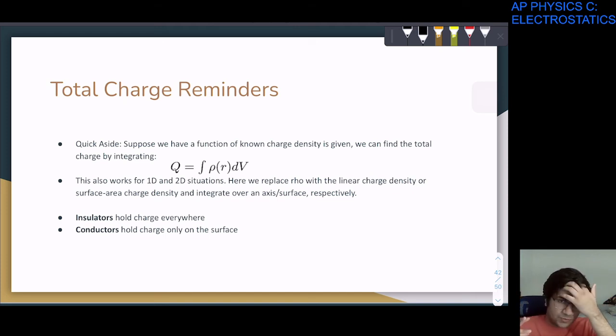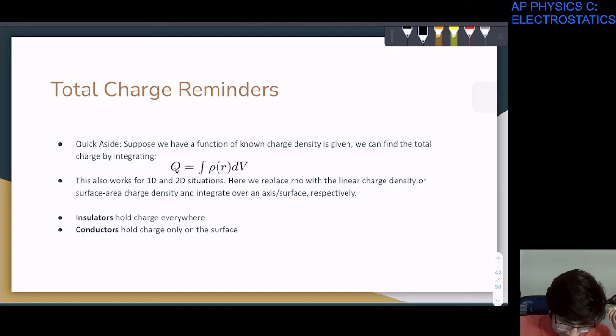We can do the same thing in 1D and 2D. In 2 dimensions, if we have a sheet, we can integrate lines that make up the sheet. And if we have a 3D object, we can integrate shells, and that would in aggregate be the entire 3D object.